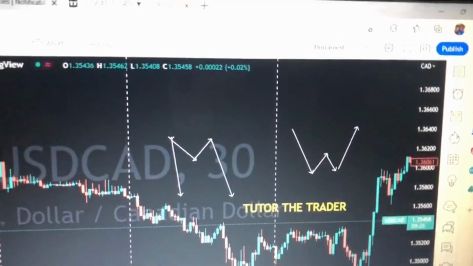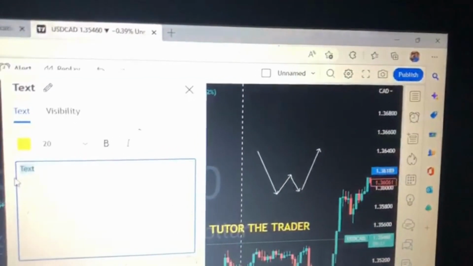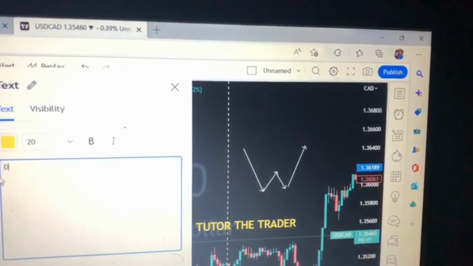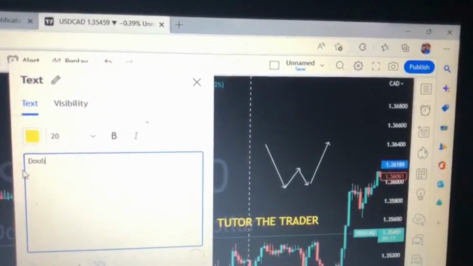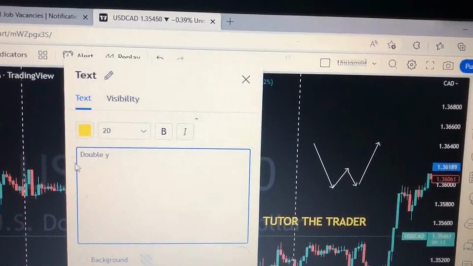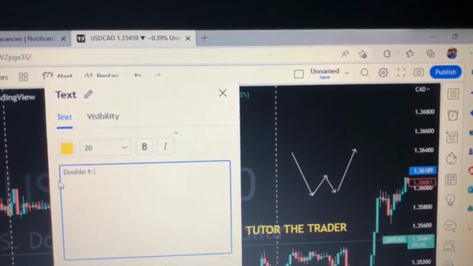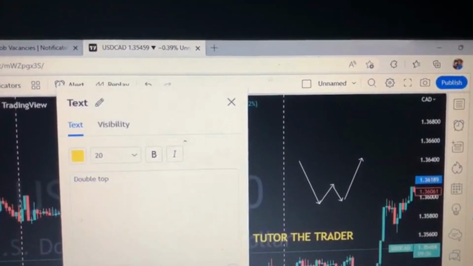So let me put text for you. That's a double top. This is double top.